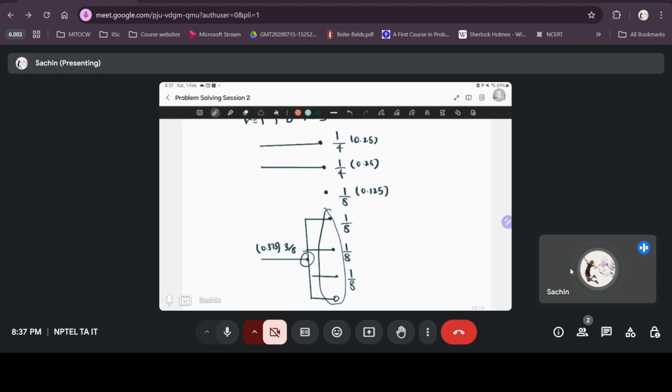So we end up joining all these. And that is connected to your root node.